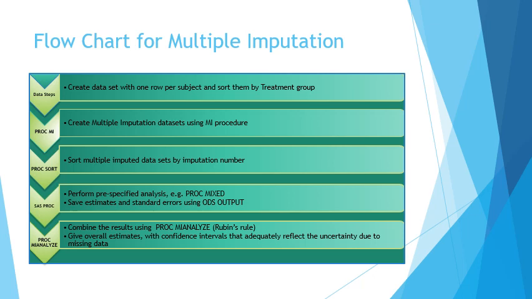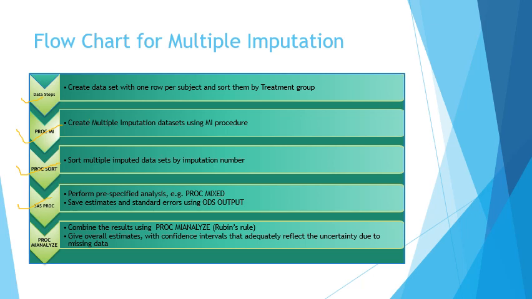First is a data step where we are creating a single row per subject and sorting them by treatment group. In step 2, we are using PROC MI to create multiple imputation datasets. And then sort them by imputation number.